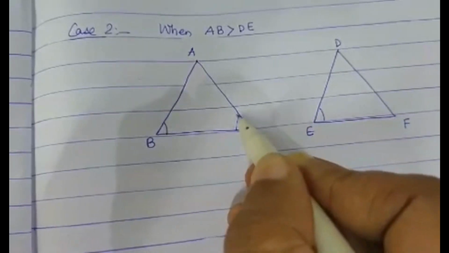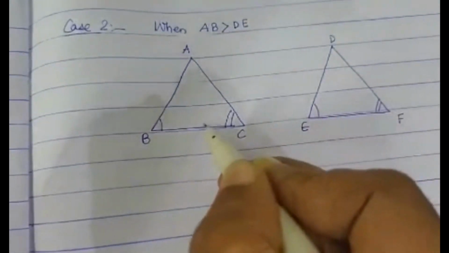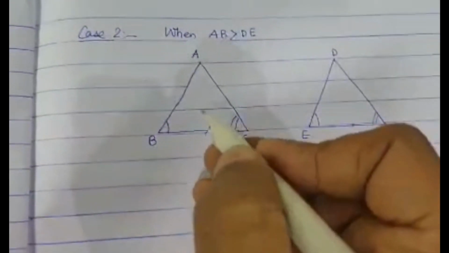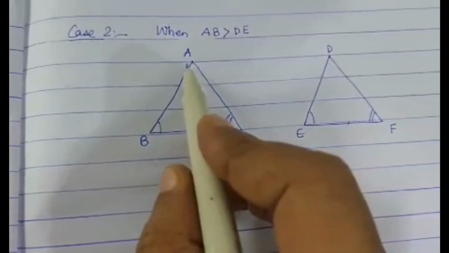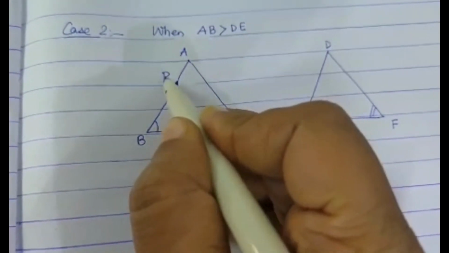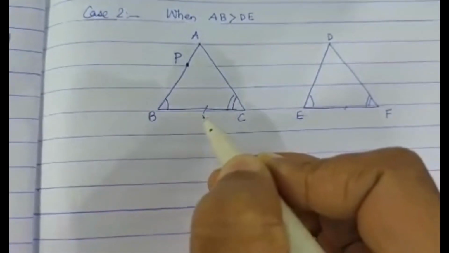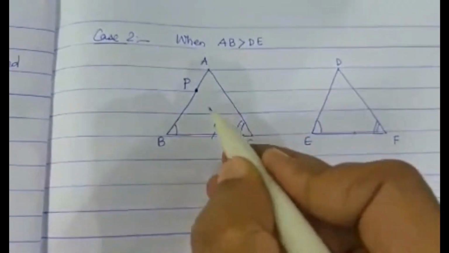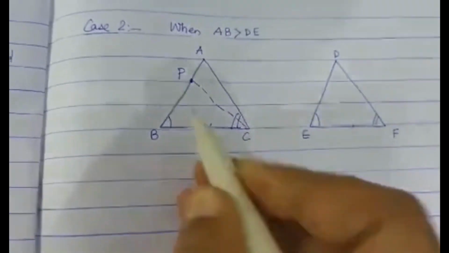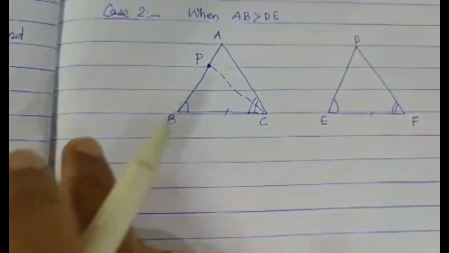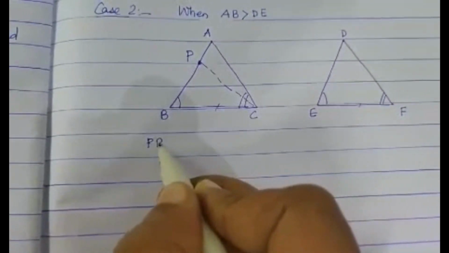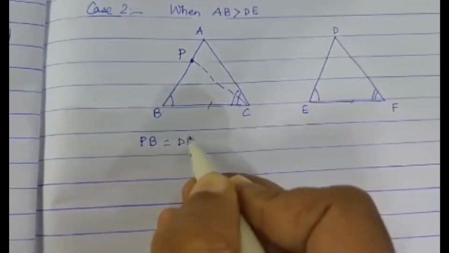Angle B, angle E, angle C, angle F. This BC equal to EF. Now let us construct one thing. Since this side AB is greater than DE, we will take a point P here so that this PB is equal to DE. We will take a point P on AB such that PB equal to DE.